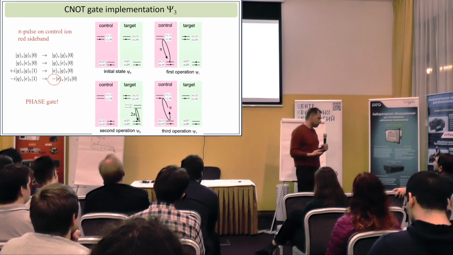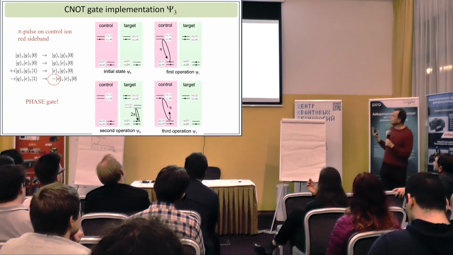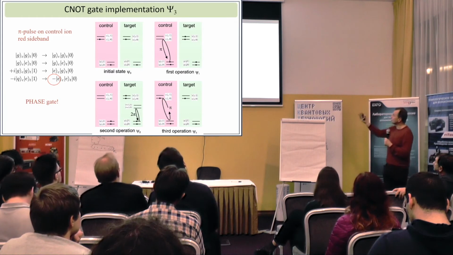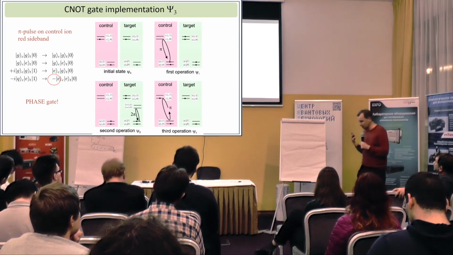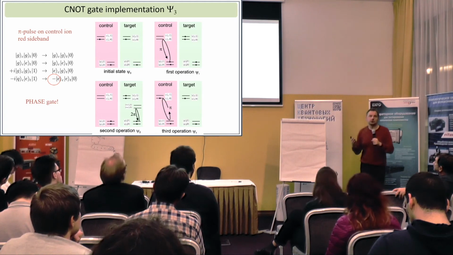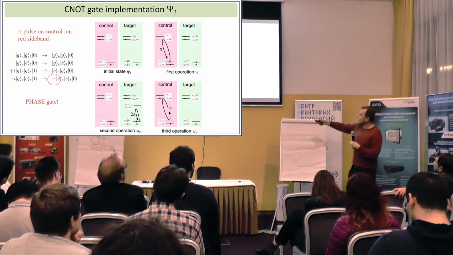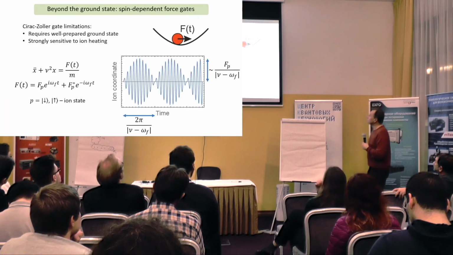So the whole story is ended by generally 3 pulses of light for this system. Of course, if we want to go to the CNOT gate, we need some additional tricks, but they are straightforward. But we get the phase gate using the Cirac-Zoller gate.